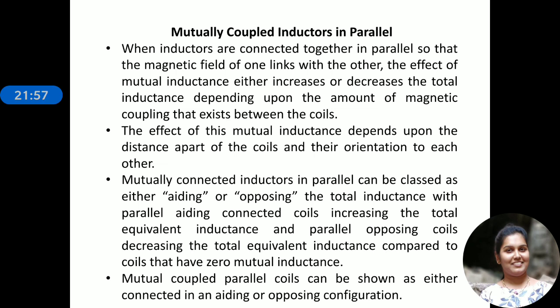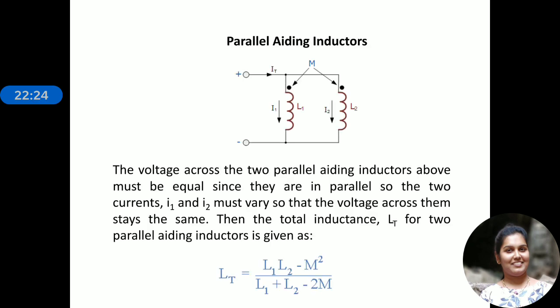Okay, I repeat, the total inductance with parallel aiding connected coils increases the total equivalent inductance, and the opposite will occur in parallel opposing coils, that is, parallel opposing coils decrease the total equivalent inductance compared to coils that have zero mutual inductance. Okay, so let's discuss these points in detail, that is, what happens in parallel aiding and what happens in parallel opposition.